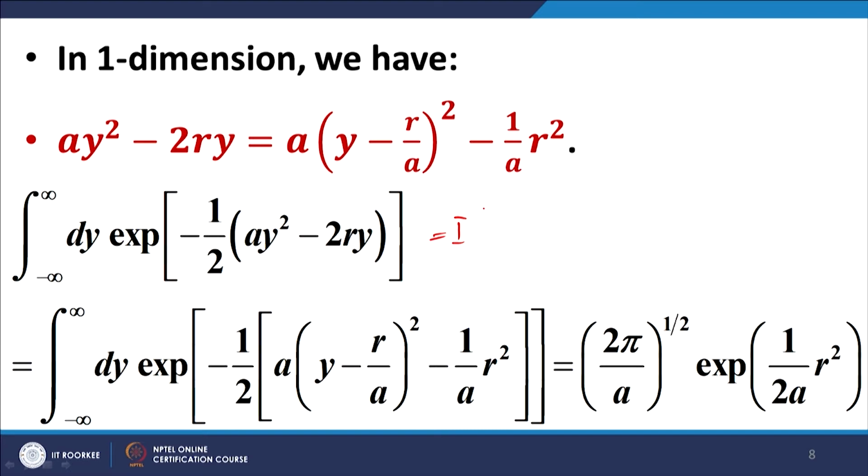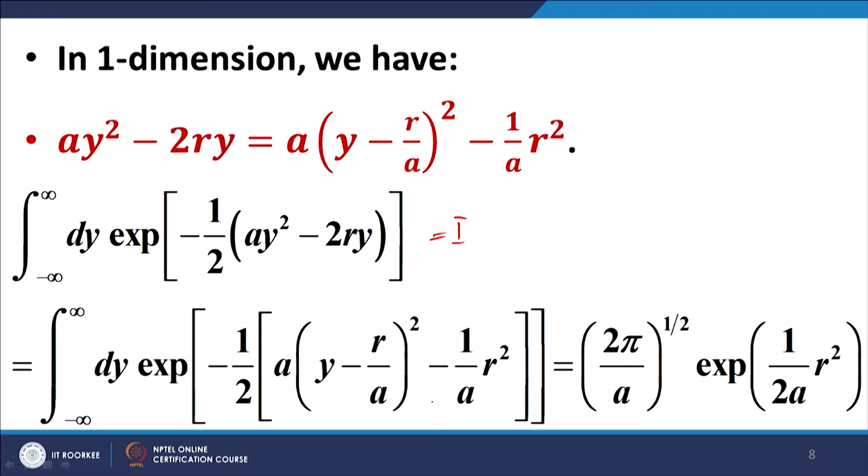The integral of dy, exponential of minus this. We convert this to a perfect square involving the terms y and 2 r y, and an extra piece which is independent of y is taken out. So, we write a y square minus 2 r y as a into y minus r by a whole square minus 1 by a r square.